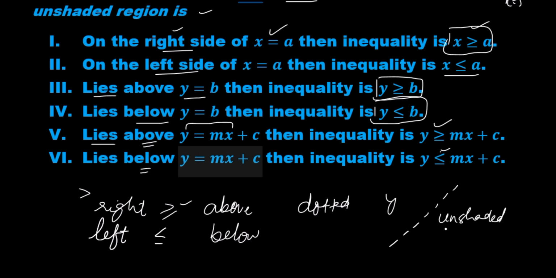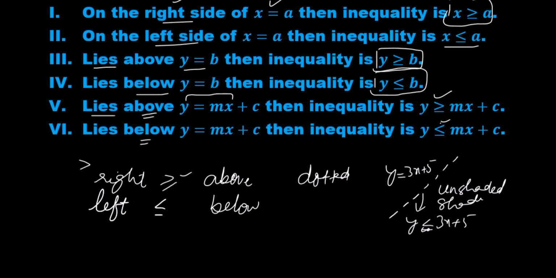Suppose the equation of this dotted line is y is equal to 3x plus 5. Then for this dotted line, the associated inequality will be y less than 3x plus 5. So these are the key points that we will use during our lecture.